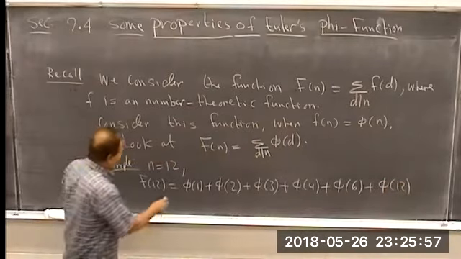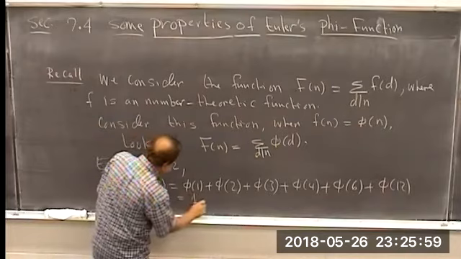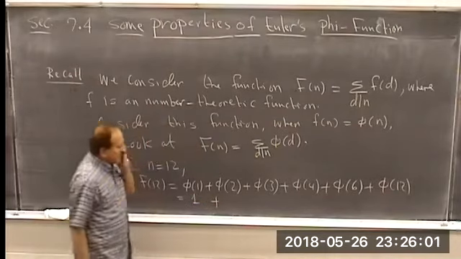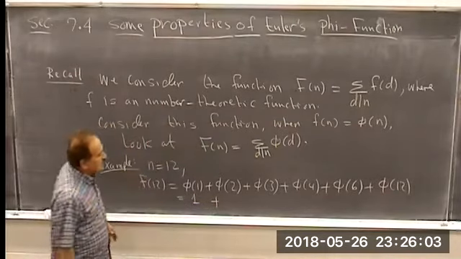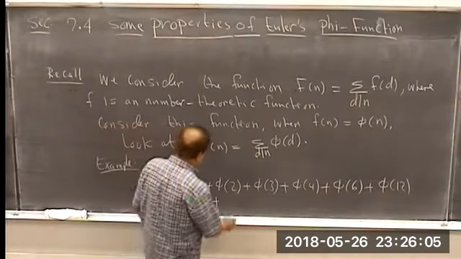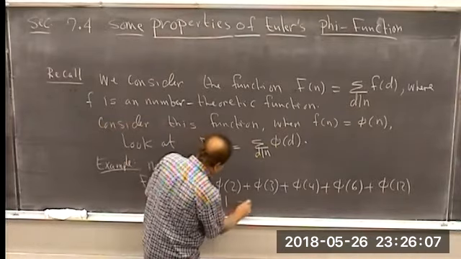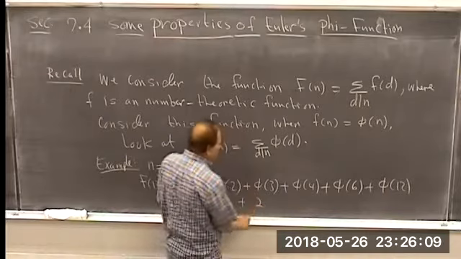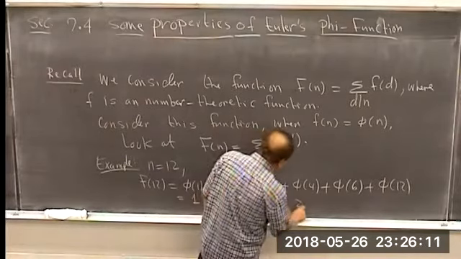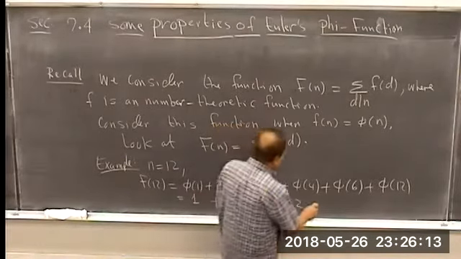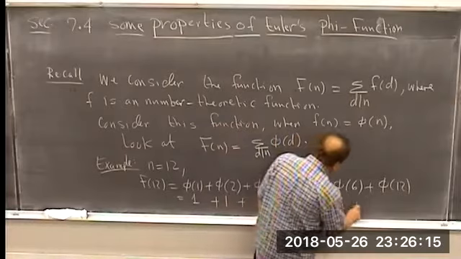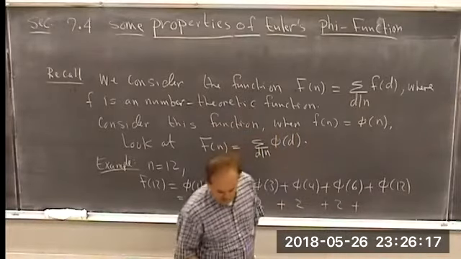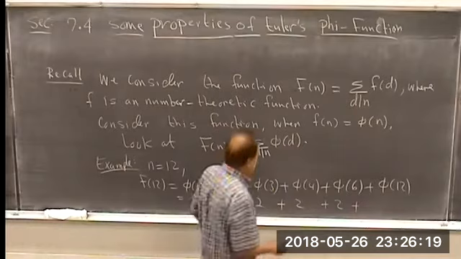And phi of 1 is equal to 1. Phi of 2: the numbers relatively prime to 2 and less than or equal to 2 is only 1. Phi of 3 is 2, since 3 is a prime. Phi of 4 is 2.